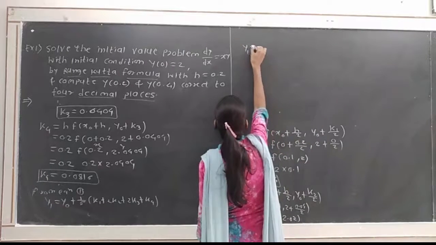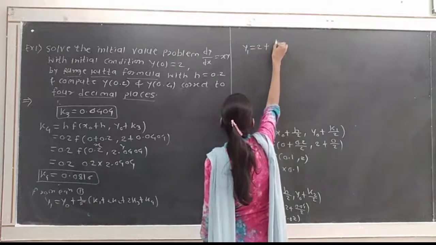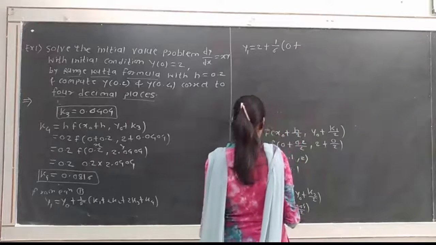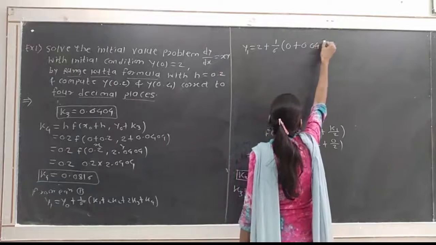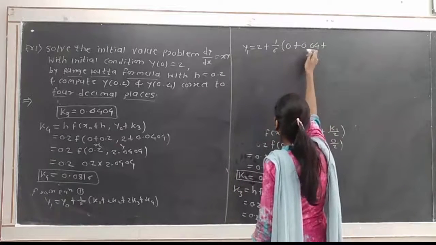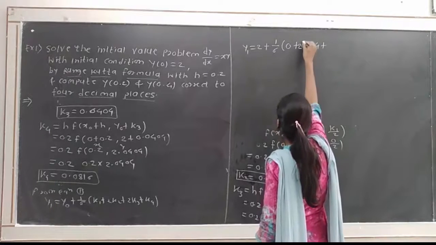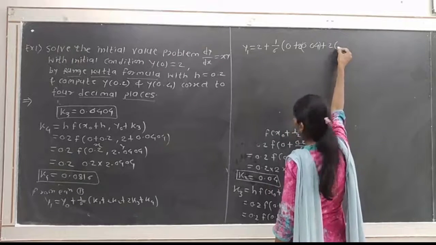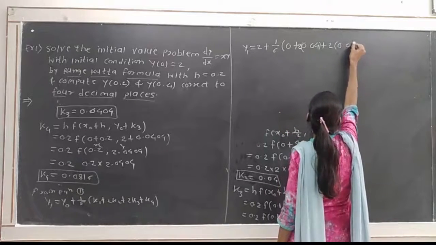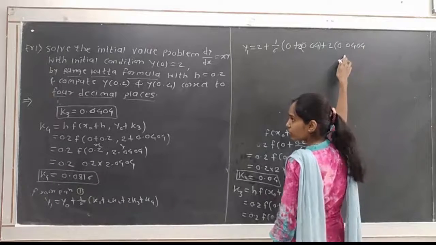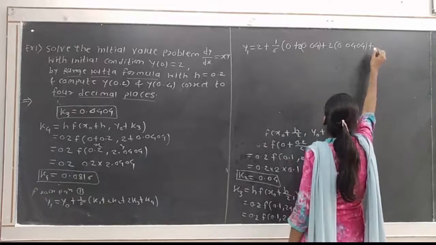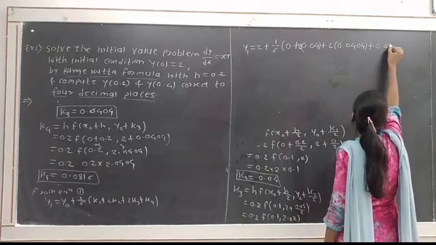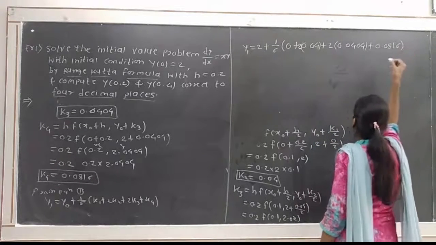So y1 is equal to y0, which is 2, plus 1 by 6 in brackets k1, which is 0, plus 2 into k2, which is 0.04, plus 2 into k3, which is 0.0404, then plus k4, which is 0.0816, then the bracket is complete.